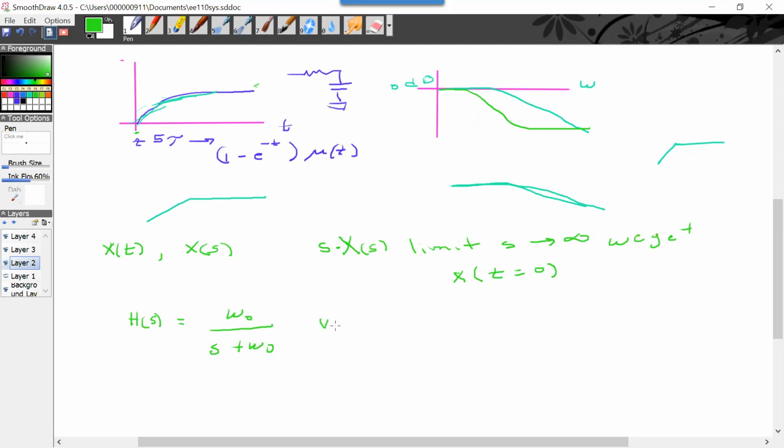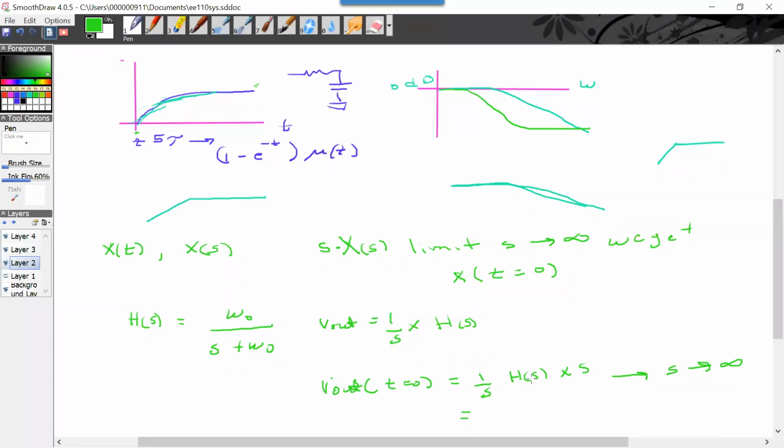V out equals 1 over S times H of S. Well, if I want V out at t equal to 0, that will equal 1 over S times the transfer function times S, and let S go to infinity.